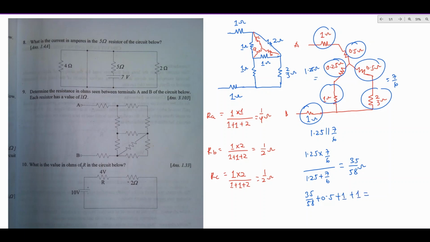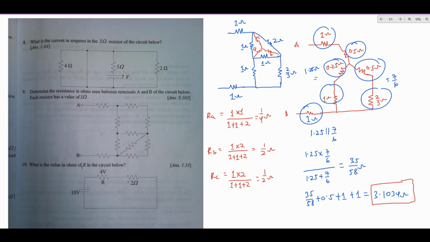So let's see what you're going to get in total. So you have 35 on 58 plus 0.5 plus 1 plus 1. So that gives us a value of 3.1034 ohms. So that will be the effective resistance for the circuit.